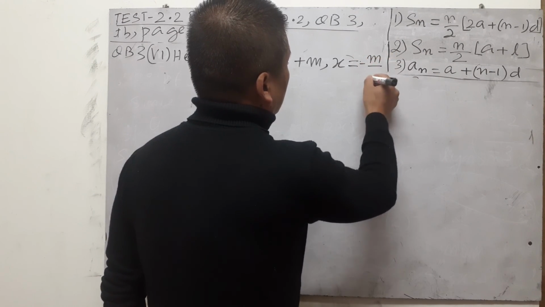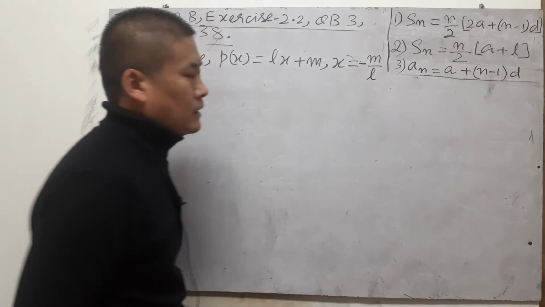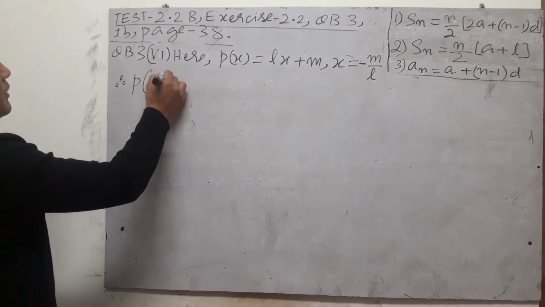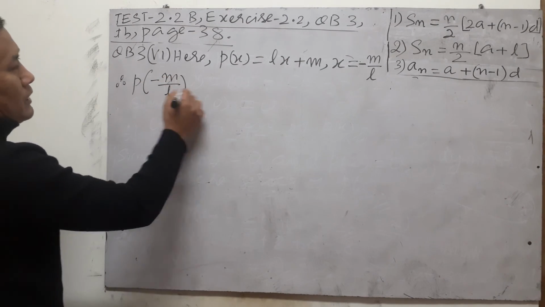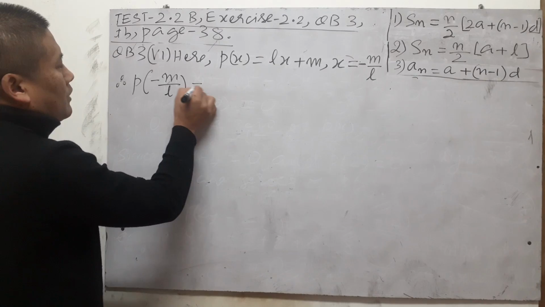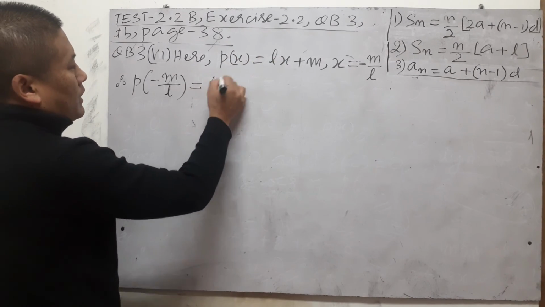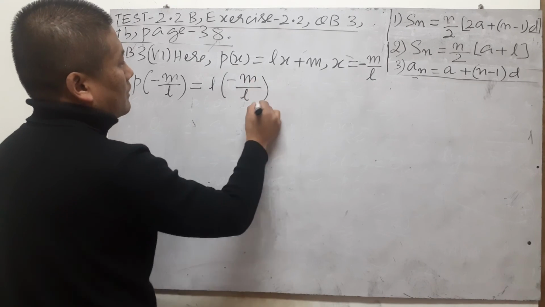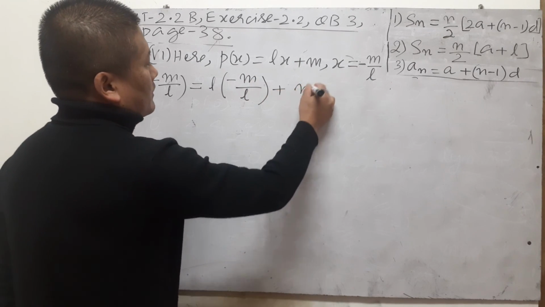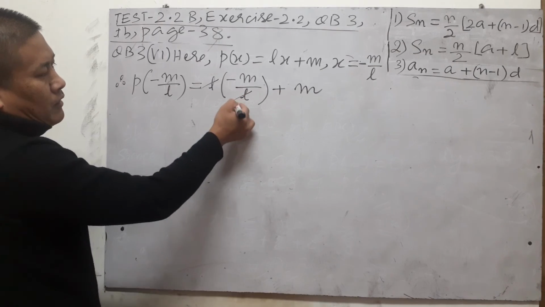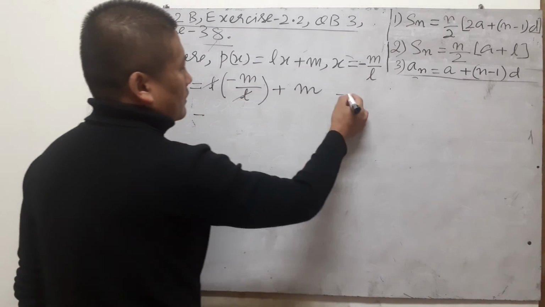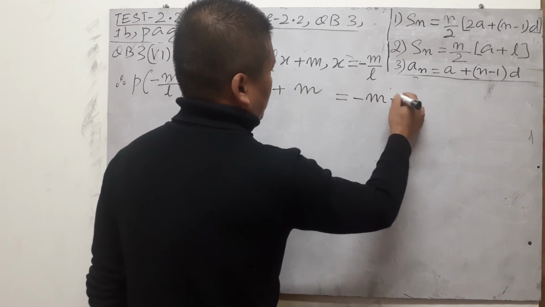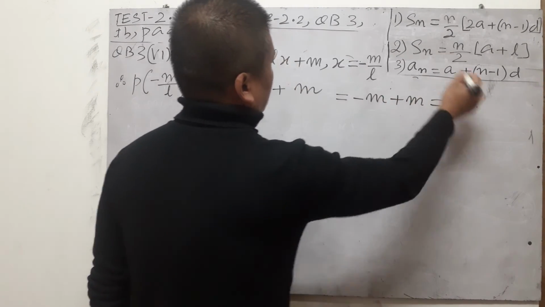So therefore p of minus m by l, because the x value is minus m by l, x is going to be replaced by minus m by l, plus m itself. The l in the numerator and denominator can cancel, so we're left with minus m, and here plus m. Minus m plus m is 0.